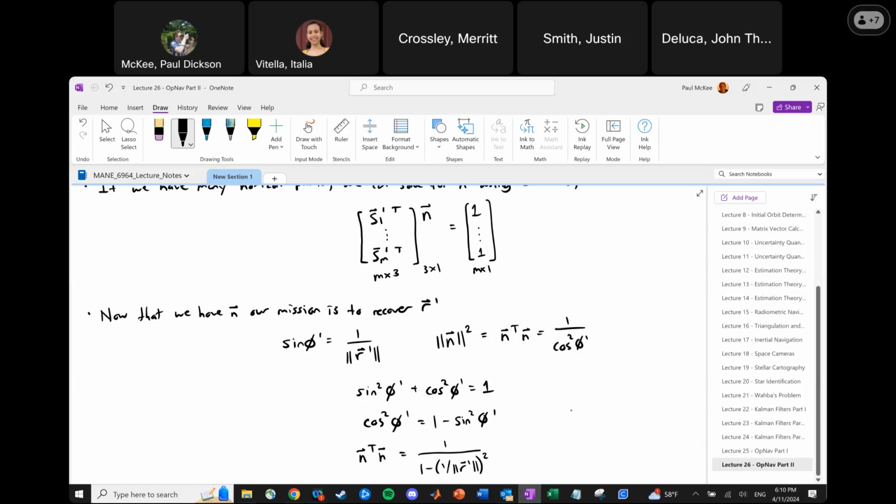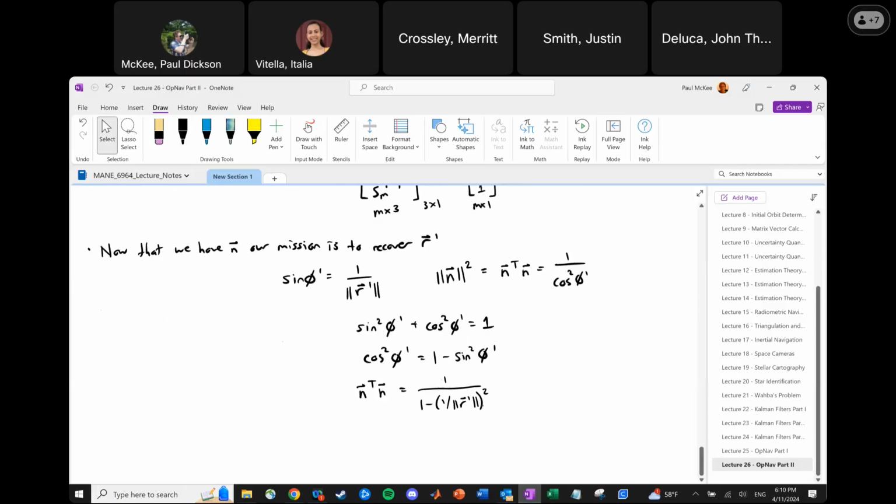That's a bit messy, you're doing a couple of different substitutions at the same time. But what we did is we substituted in 1 minus the sine squared of phi. So the sine of phi is this fellow, cosine is this fellow. If we do some simplification, what we get is that n transpose n is the norm of r prime squared divided by the norm of r prime squared minus 1.